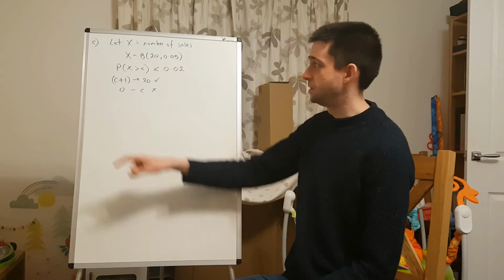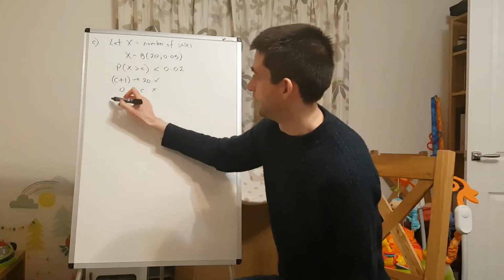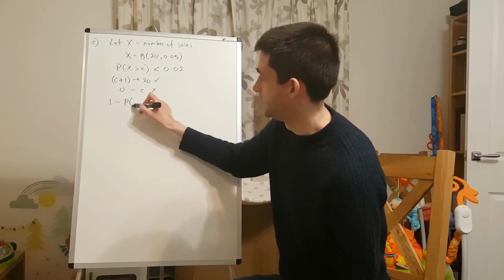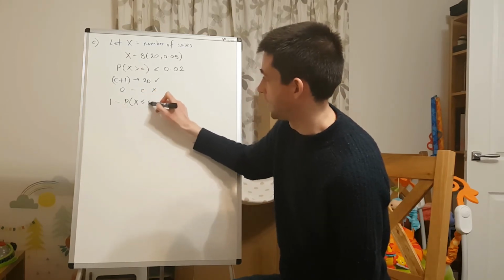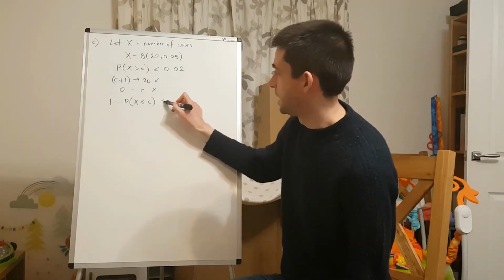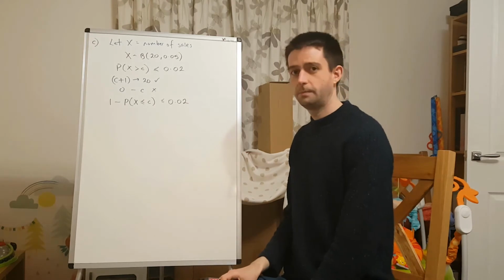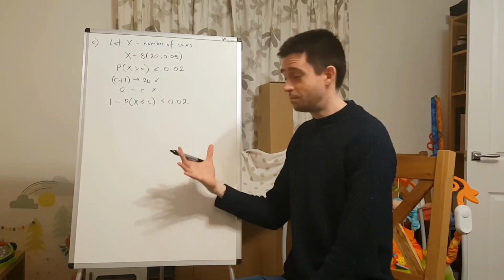So to get the probability that X is greater than C, I would need to do 1 minus the probability that X is less than or equal to C, and that has to be less than or equal to 0.02. There are a number of ways of manipulating this.